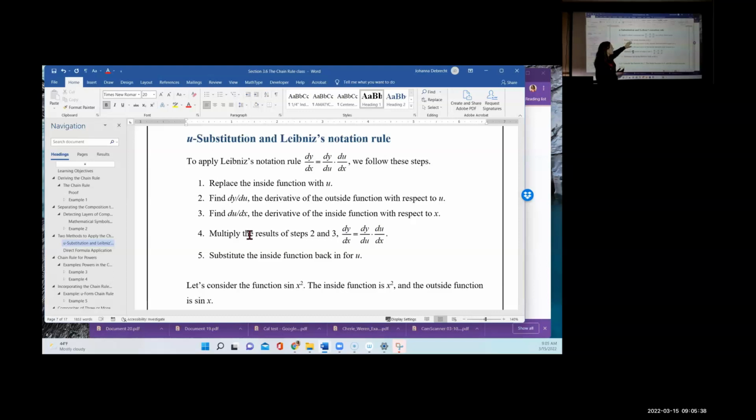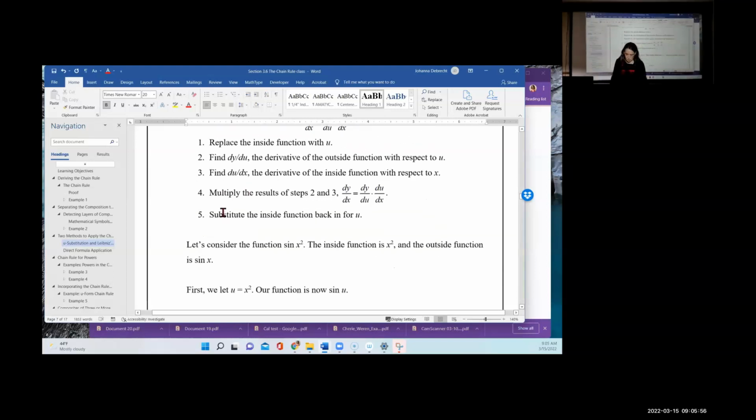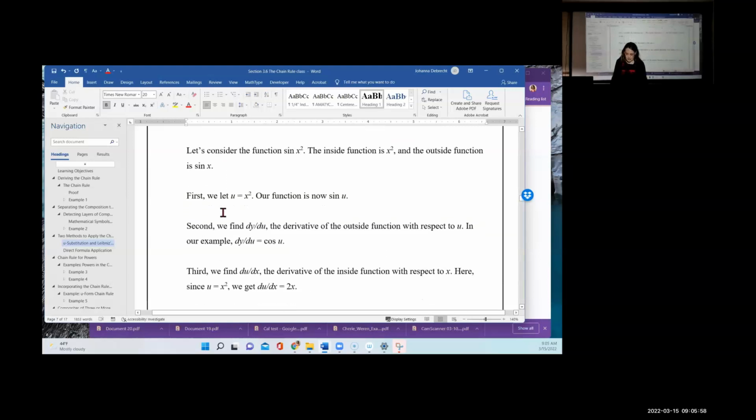So you're going to replace that inside function with U, take the derivative of the outside function with respect to U, find the derivative of the inside function with respect to X, multiply the results, and then substitute the inside function back in for U. So let's take a look at one example of this using sine of X squared. When we're looking at sine of X squared, we have two functions.